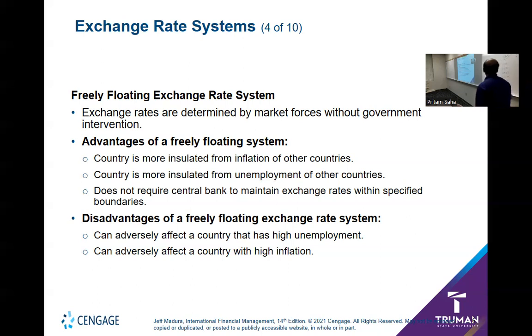So let's say this way, Mexico has high inflation. Explain to me what's going to be the subsequent impact. Mexico has high inflation, what's going to be the subsequent impact?